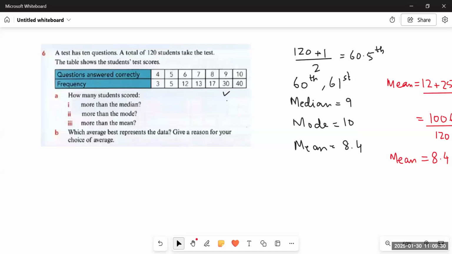The mean is 8.4, and if we look at the questions answered correctly, it is 8 over here, so it falls somewhere over here. And if we look at the number of students before 8, it is 3 plus 5 plus 12 plus 13, which is 33. So it means 33 students are over here, and then 30 plus 40 is 70.